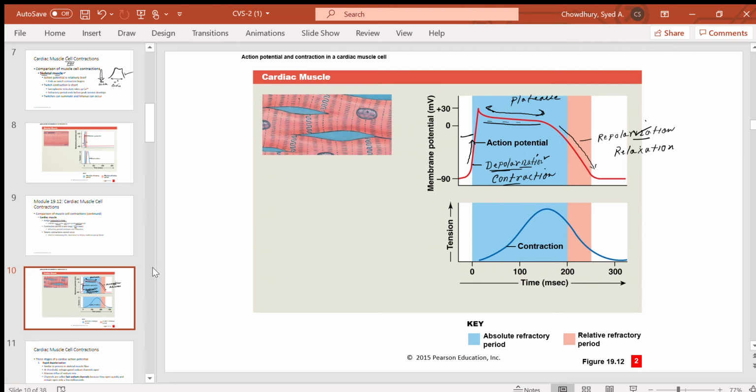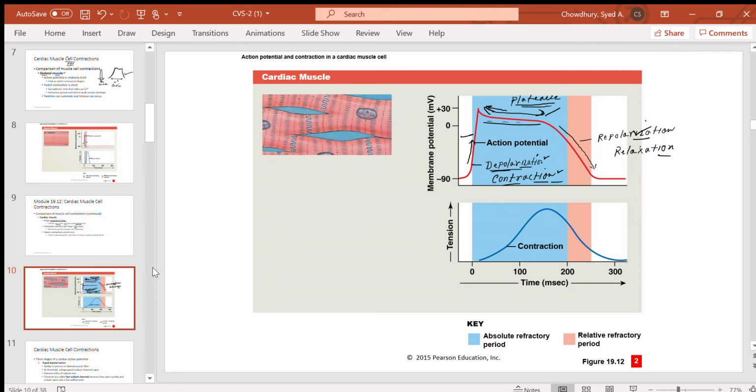However, after contraction is completed, there is a pause before relaxation, just to make sure that enough blood gets out. Otherwise, if relaxation occurs immediately after contraction, then some blood will not be able to get out. So after contraction of the chamber, some time interval is given by the plateau before the muscle starts to relax. During this time, enough blood can get out from the heart, to go to the body or to the lung.